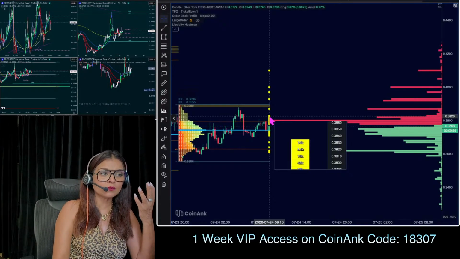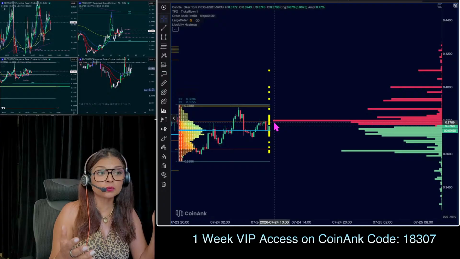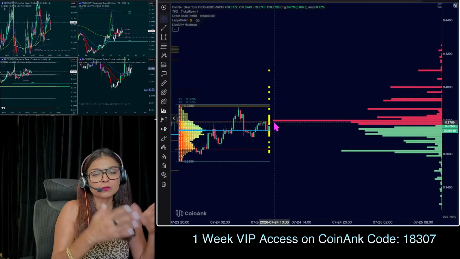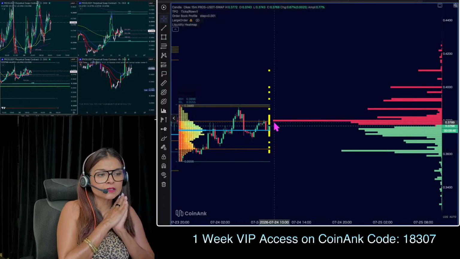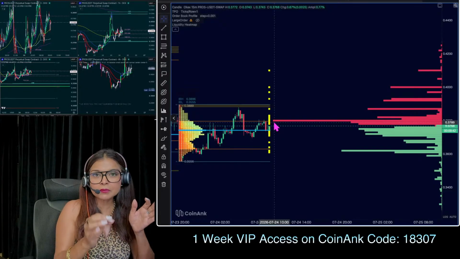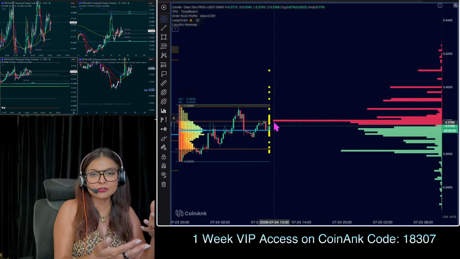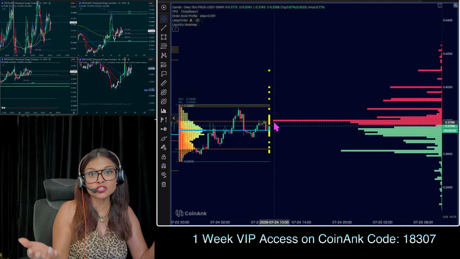And why is that? Well, you want high liquidity so that if an institution or a whale wants to execute a large order, they can do it with minimal slippage. Slippage is the difference between the price you think you're going to pay with your limit order and the price you actually get filled at.